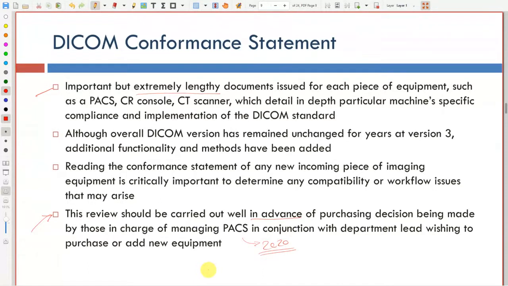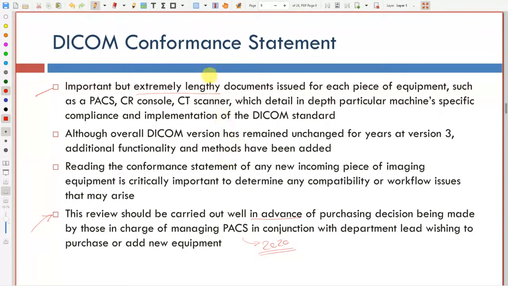So if you're planning to have a system that would take advantage of the newer additions in the DICOM standard, you have to make sure that whatever you need is in the DICOM conformance statement. Otherwise, you'll realize a year later that the DICOM standard in use by the PACS system you have might not allow you to upgrade your systems in a certain way. So this is extremely important.